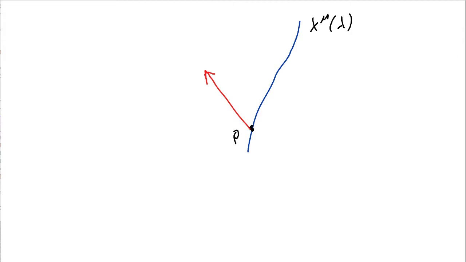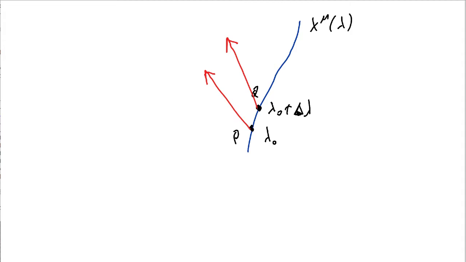There's the vector at point P. Here's another nearby point Q. And here's the vector at point Q. And let's say that this point P has parameter value lambda 0, and this point Q has parameter value lambda 0 plus delta lambda. So it's a small change in lambda. I'm imagining the points P and Q to be close together.